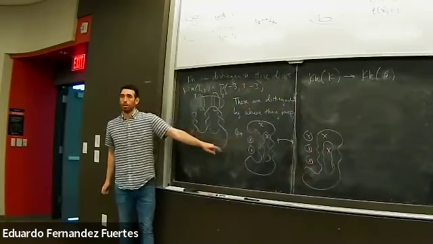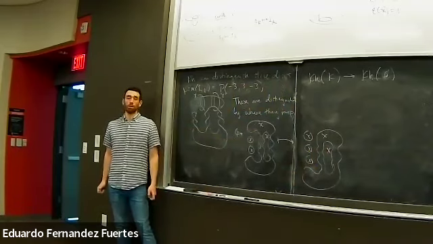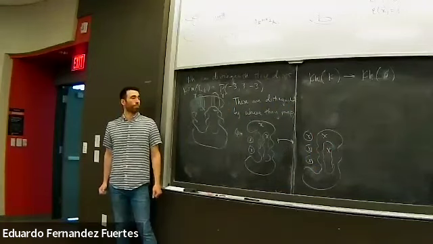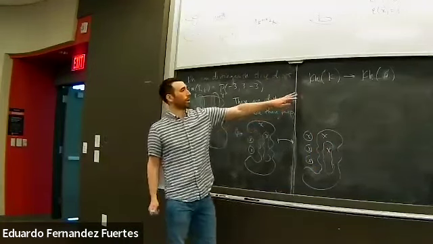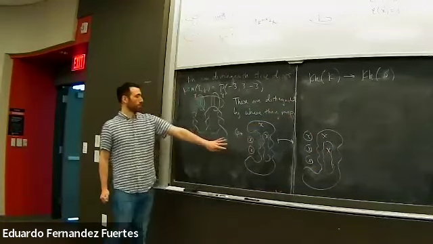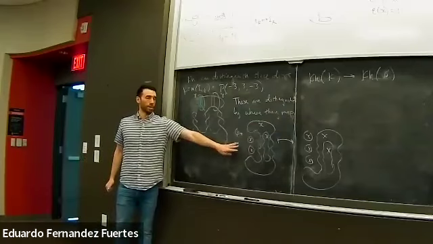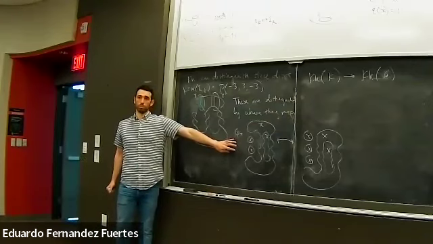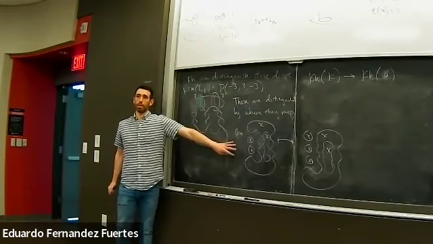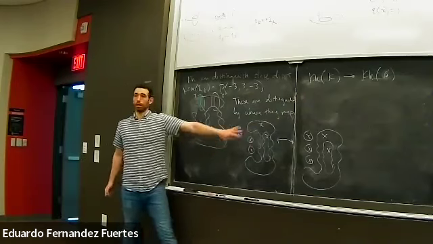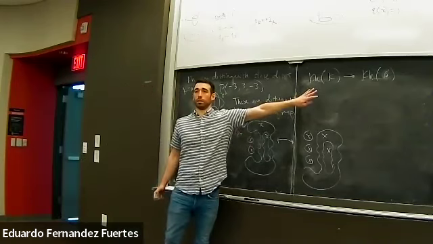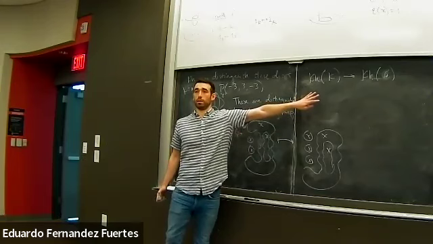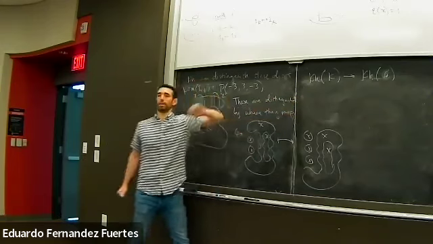Maybe my question is more basic. When you write KH of K, what do you mean? Oh, everything I'm writing is explicit chain elements, but in this case they're also cycles, and so they represent genuine homology classes. So it's the homology of the chain complex we've been looking at.